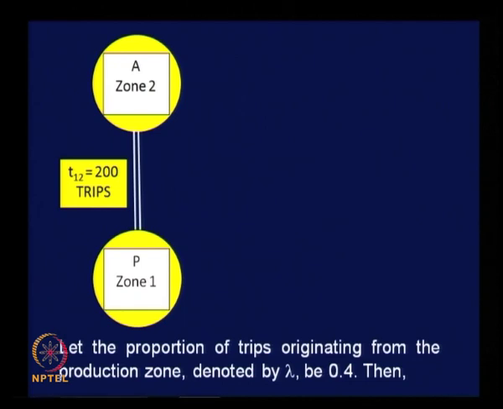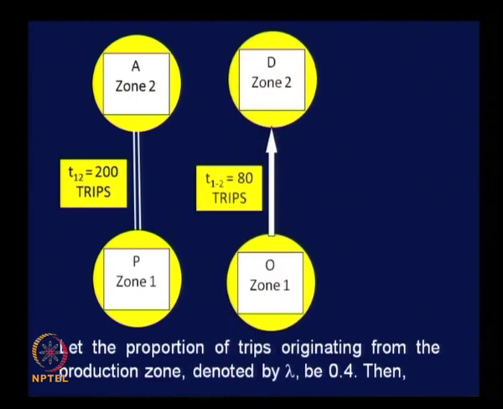Let us say the proportion of trips originating from the production zone, denoted by the letter lambda, be 0.4. Let us say 40% of the trips of the production zone are originating from that zone, right, arrows tending outwards, and 60% destined to that zone obviously. Once you have this information, put in this information here to get OD information.